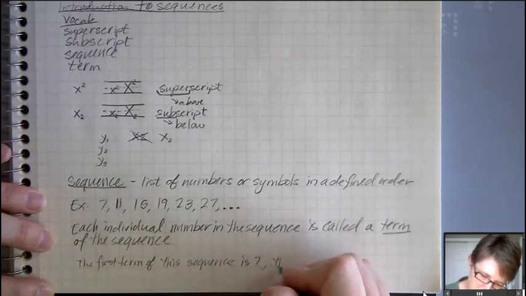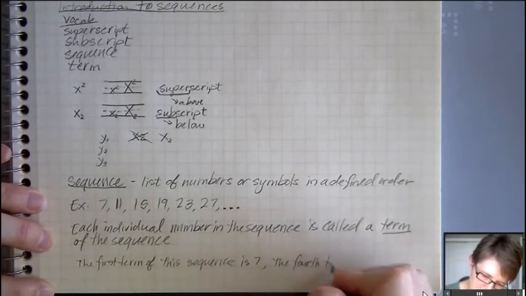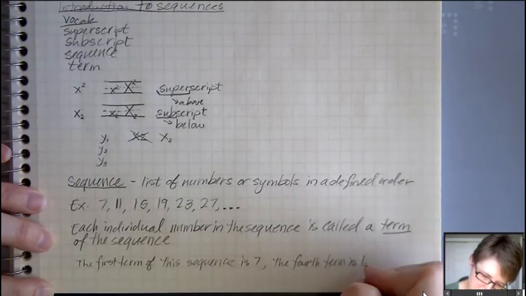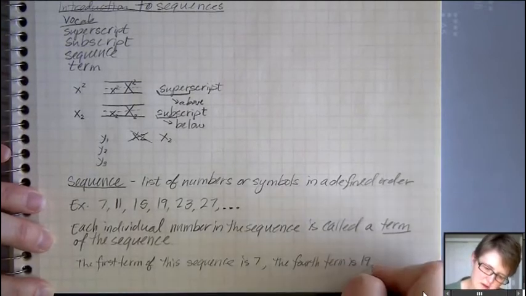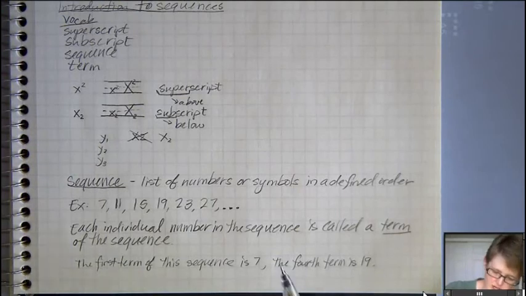The fourth term is 19. Now mathematics is actually its own language, so we try and come up with symbols that represent our words and our sentences.